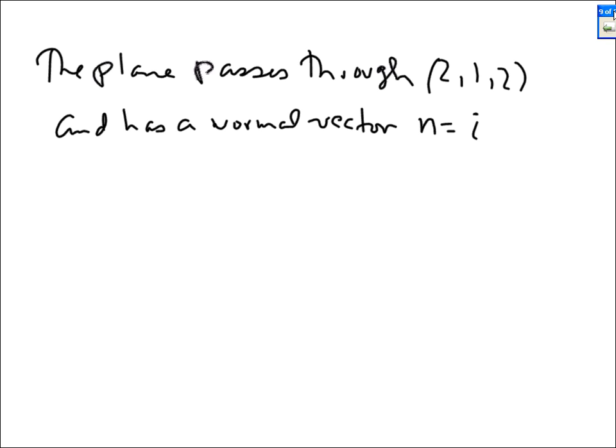You want to find the equation of the plane. Now, the normal vector is i, it's 1i, no j's, no k's.